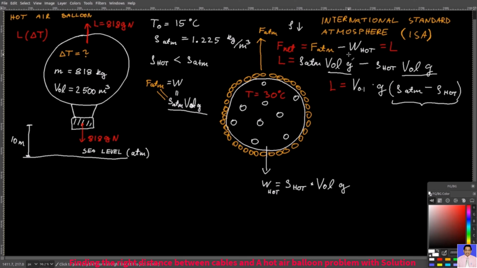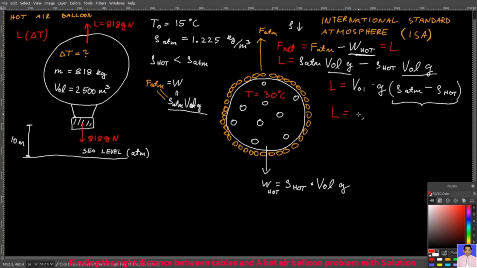Now note that this W hot is not this force of gravity here. This comes from the basket and from other parts of the balloon. This W hot is the force of gravity of the air molecules inside the balloon, and due to higher temperature, it's smaller than the atmospheric force outside of the balloon.